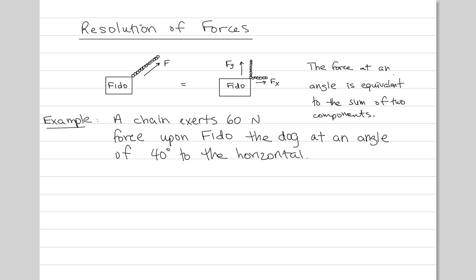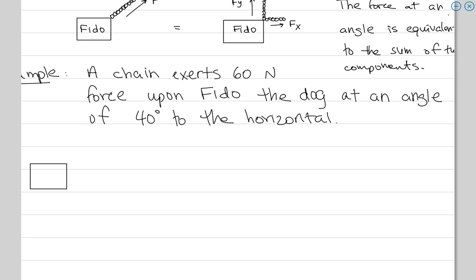So Fido the dog, you could draw a free body diagram with Fido the dog. They told you that the chain was this way, so that's how you know. Oh, sorry, I'm leaning on this thing.